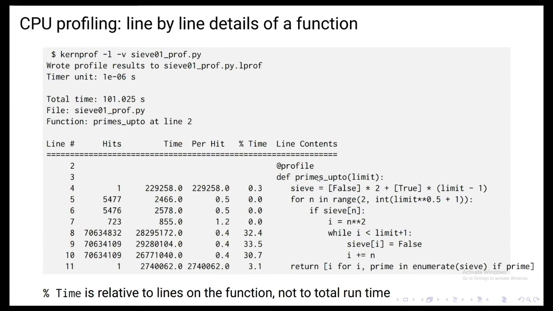But here we see inside a function similar information as before: how much time is being consumed on the total execution of this function, and how much time is being consumed by each different line.